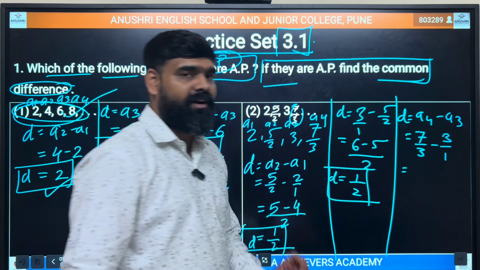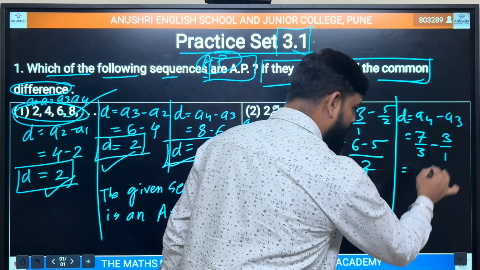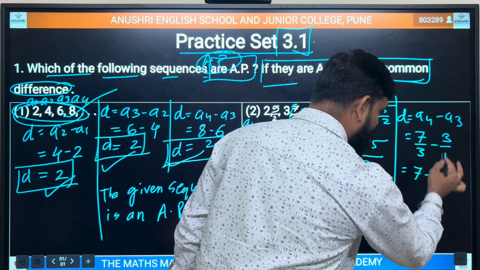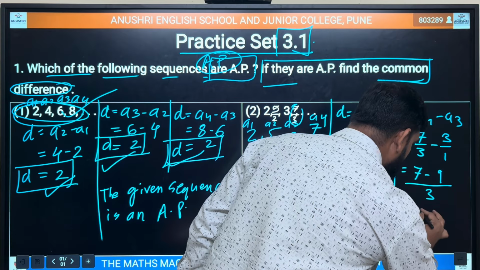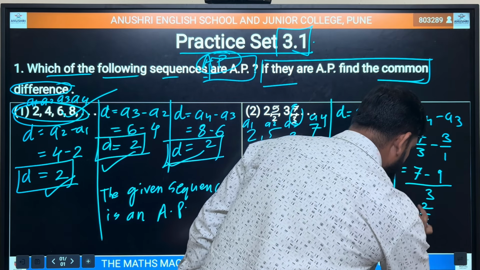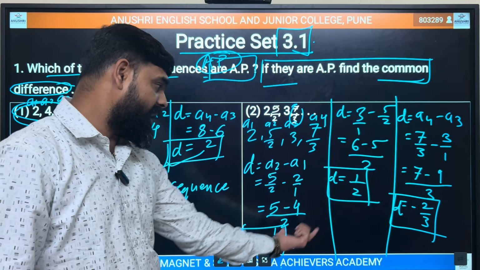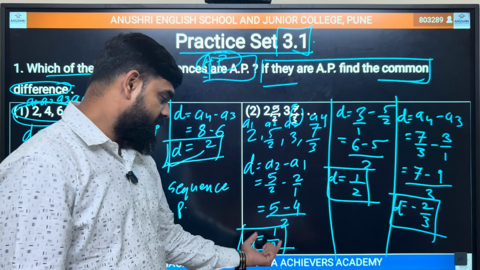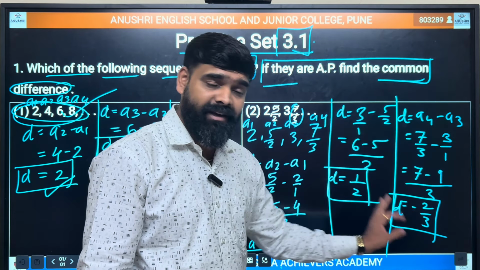Let us solve this. 7 into 1 is 7 minus 3 into 3 is 9, and 3 into 1 is 3. So we got minus 2 by 3. So we got this D which is not equal to the earlier D's. The first D was 1 by 2, second 1 by 2, and third we got minus 2 by 3.